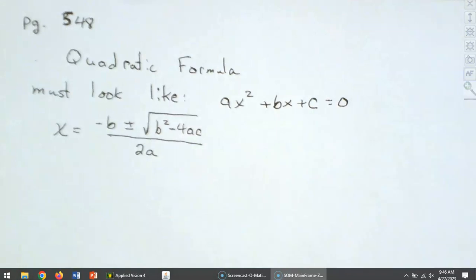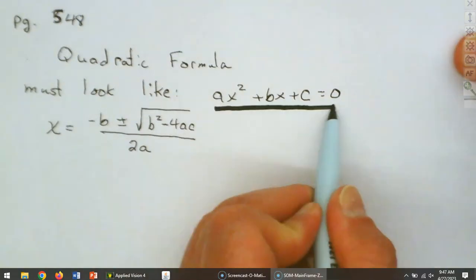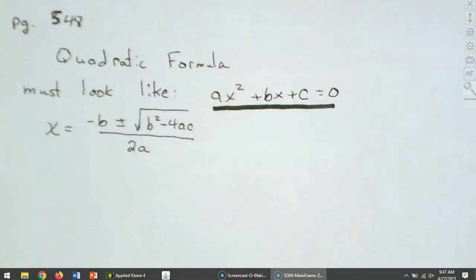So that is our formula. So to use this formula, your equation has to look like this. So it has to be equal to 0, no parentheses at all, has to be in that order. And then we label our pieces and we plug them into the quadratic formula.